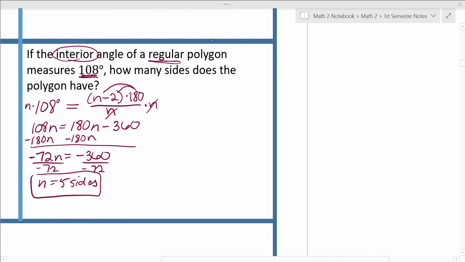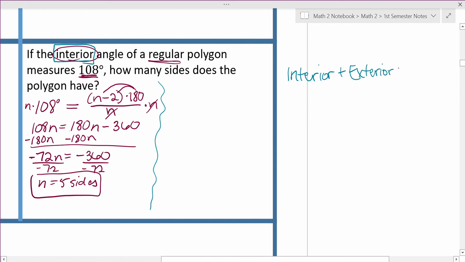Actually, I'm just going to go ahead and show you the other type right now, so you can choose which version you want to do. Honestly, this first one's a little tricky for me, so I like the other way better, okay? So here's the other way. An interior angle plus an exterior angle will always add up to 180, because they will always be a linear pair, okay?